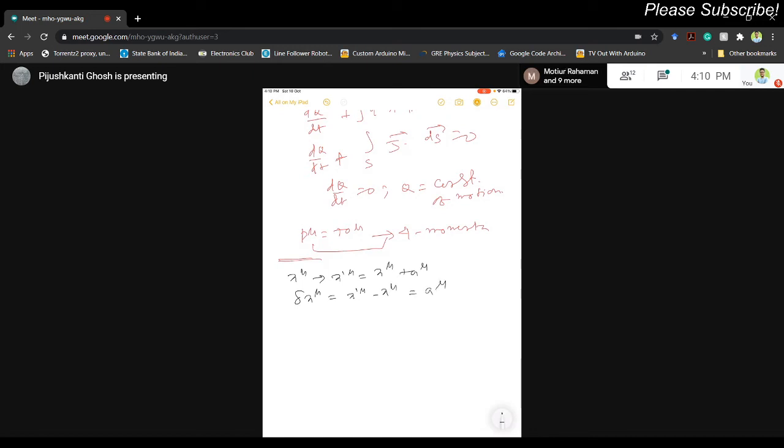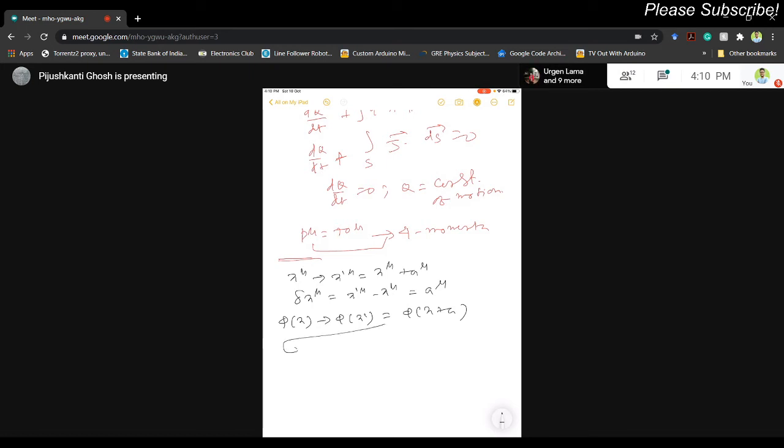Now under this transformation, phi(x) goes to phi(x prime) is equal to phi(x plus a). Here I am using 4-vector notation. That means x prime mu goes to x mu plus a mu, but in 4-vector notation I don't use the index. Okay.